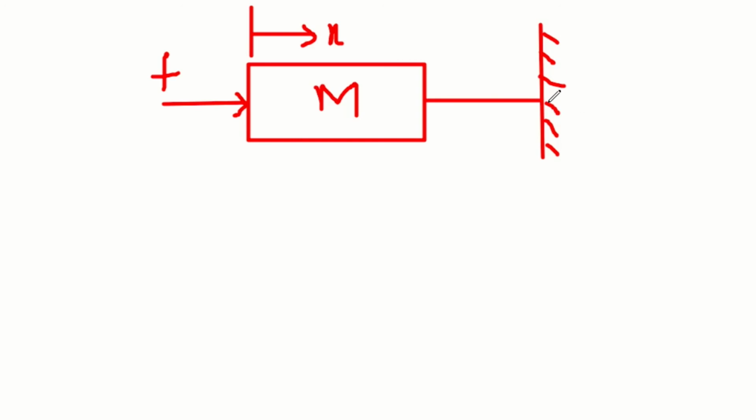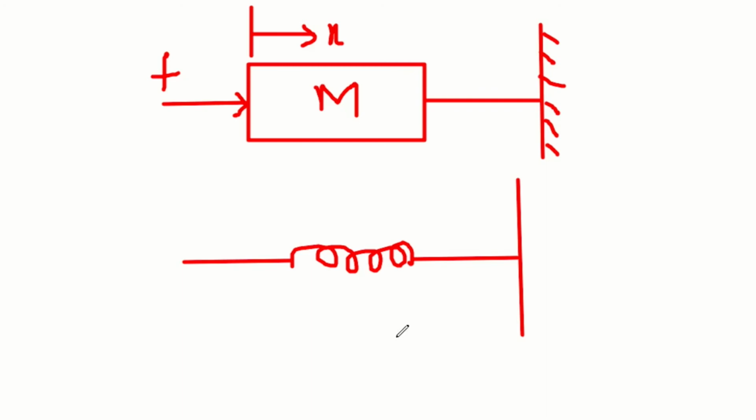Now next we are going to look at the ideal spring. There are two ways of representing an ideal spring. One is being connected to a reference.